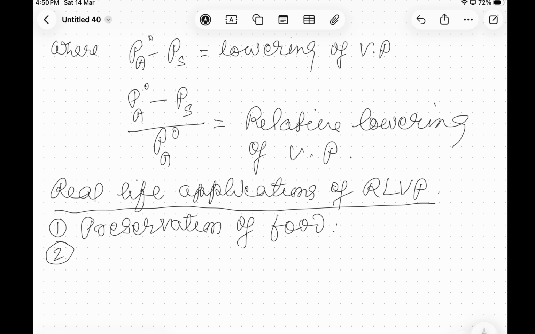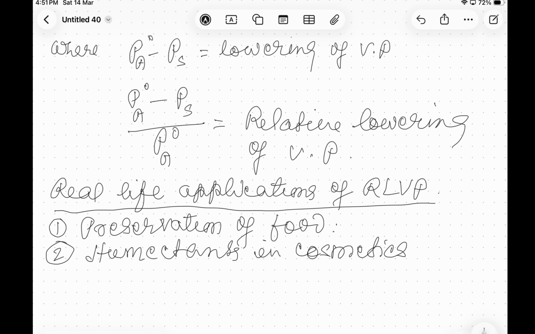Therefore, products remain moist for a long time.